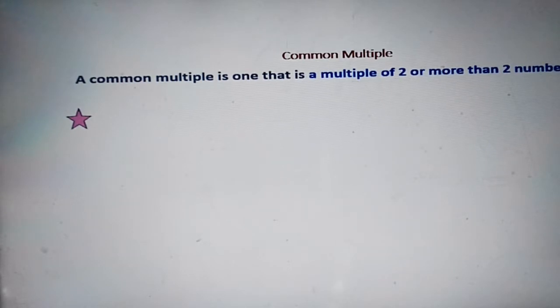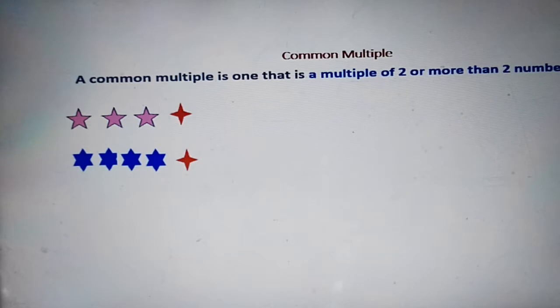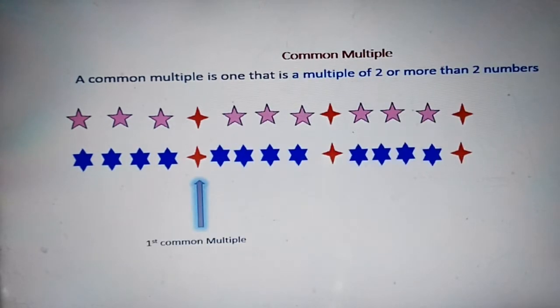For example, you have one star, and another shape, a hexagonal star, that has 5 corners in the pink shade, and one that has 6 corners in the blue shade. Now we have multiples of both stars, and we get a time when we have a common shape among the two.